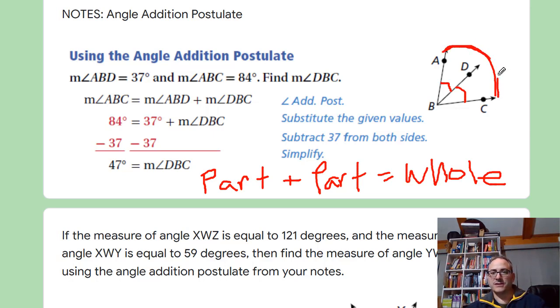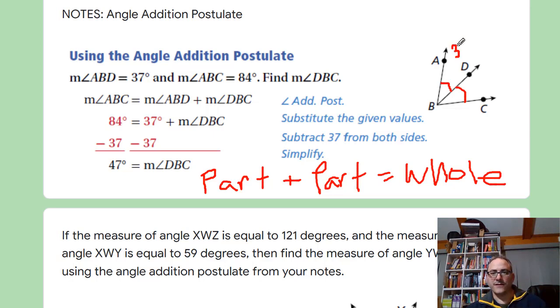And I need to make two arc marks here because it's not the same size as these two. So part plus part equals whole. Does that make sense? So here in this example, they're saying to us that the measure of angle ABD, always trace this out, ABD, is 37.